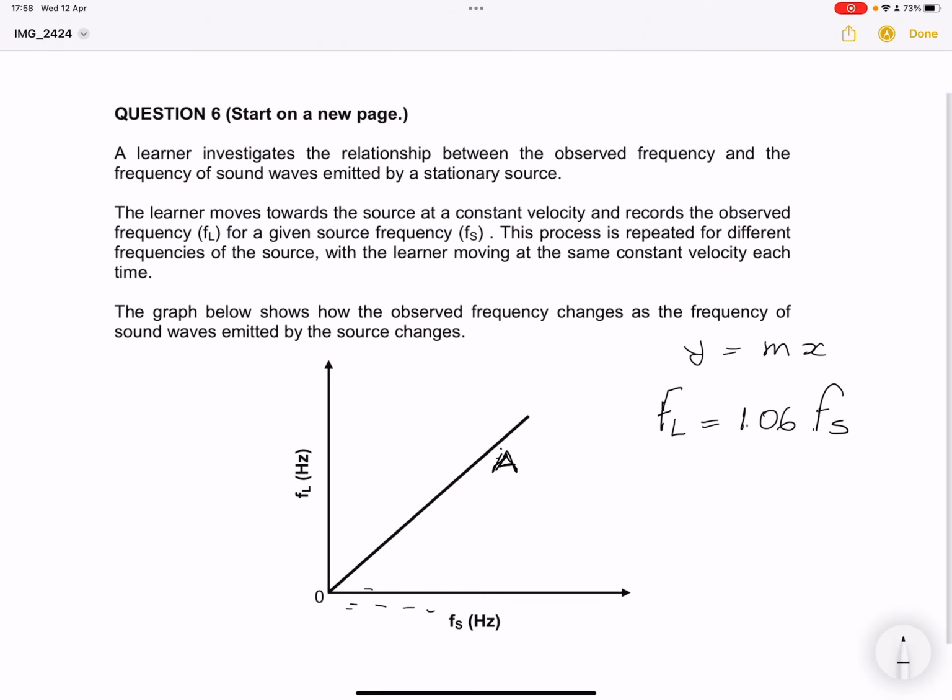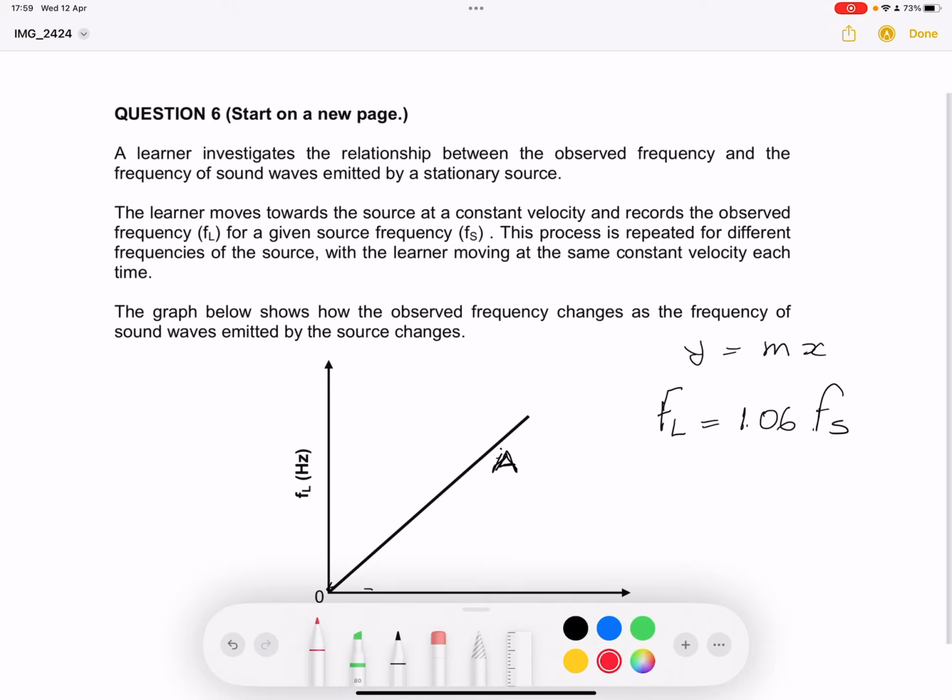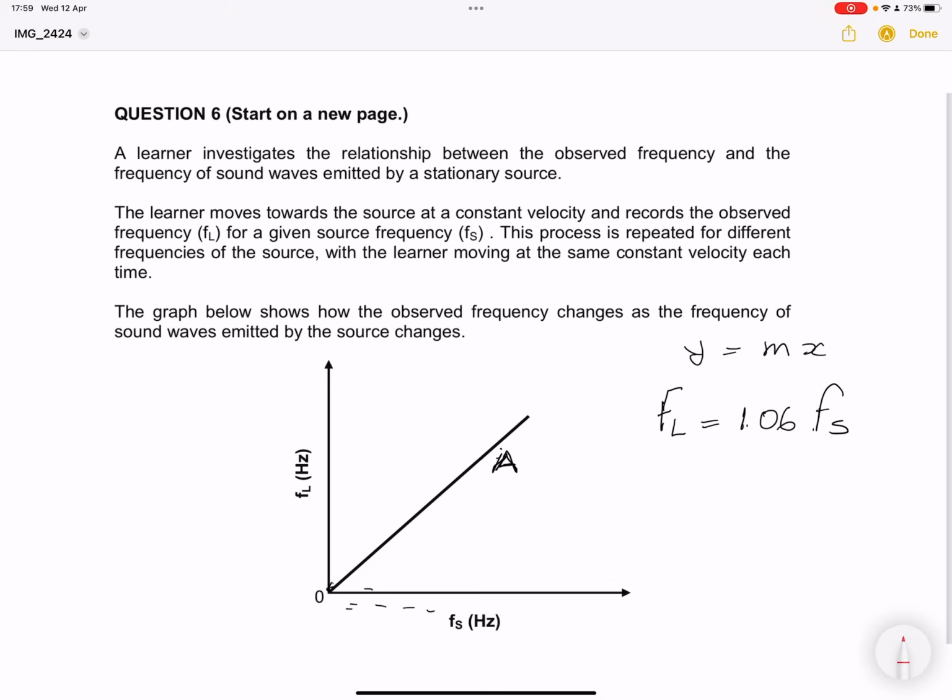Now, if the learner was moving at a higher velocity, what am I expecting in this case? Of course, the graph would have an even steeper gradient. I'll use a different color. This would be graph B. Why is that?